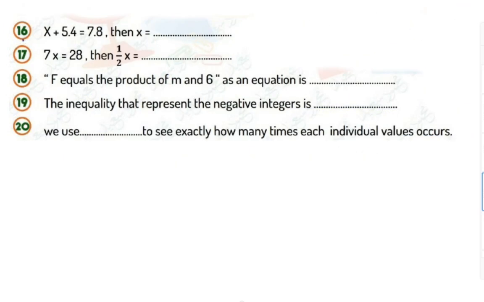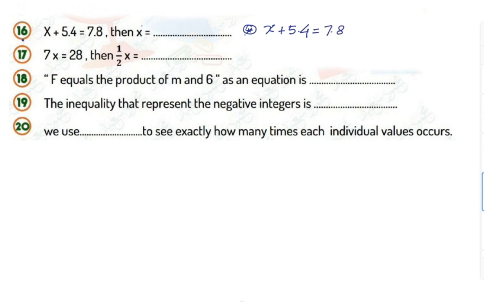Okay, point 16. x plus 5.4 equals 7.8. Then the x value equals what? Look, you have an equation here. We have x plus 5.4 equals 7.8.